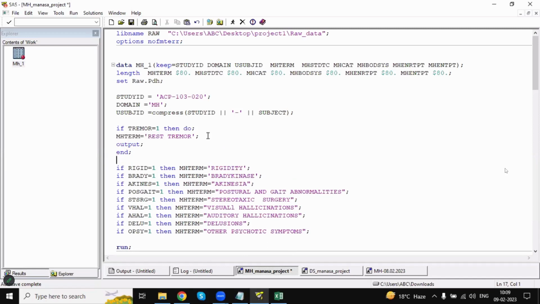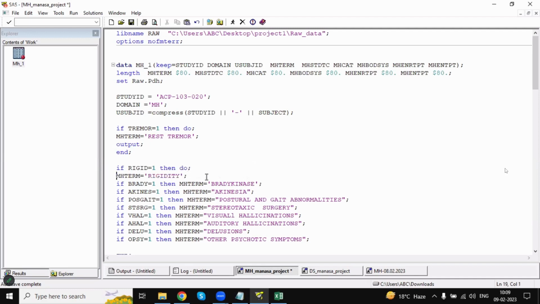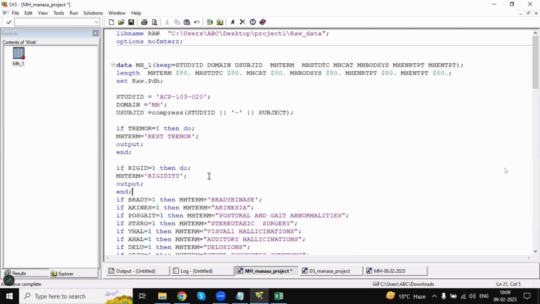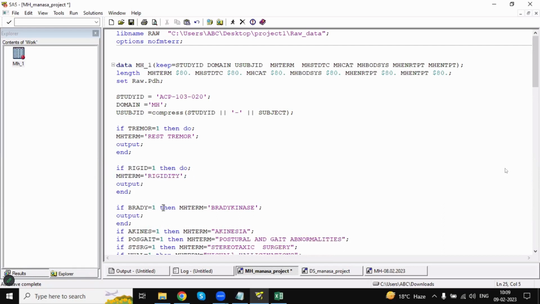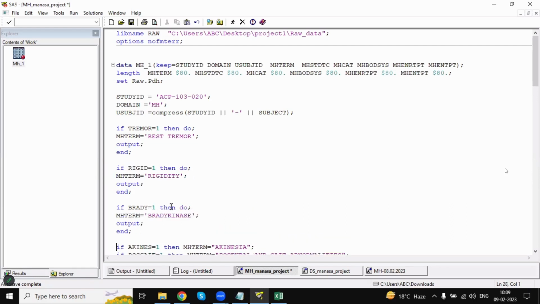Clear? Then that is what is going to happen. Then you have to write it like this. So when the condition is satisfied, this term will be created as a separate observation. When this condition is satisfied, it's going to create a separate observation in the output data set. Clear? So this is how you have to write.